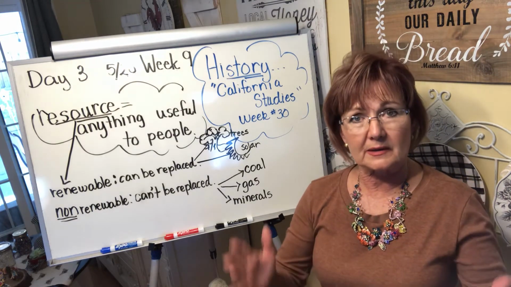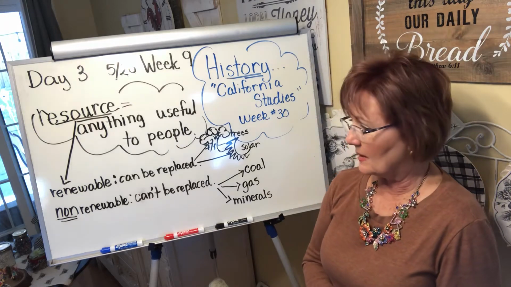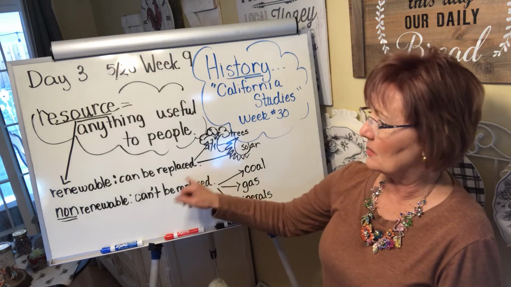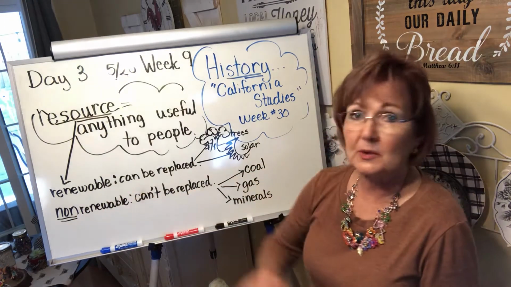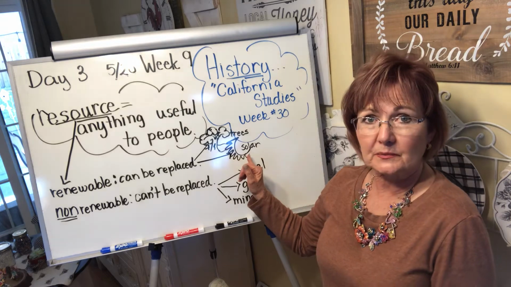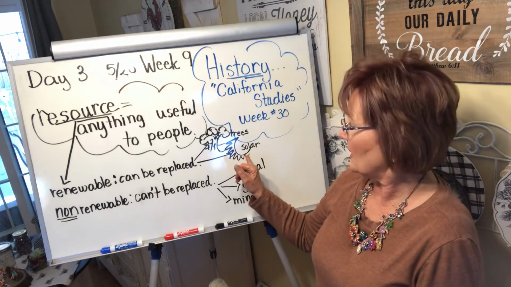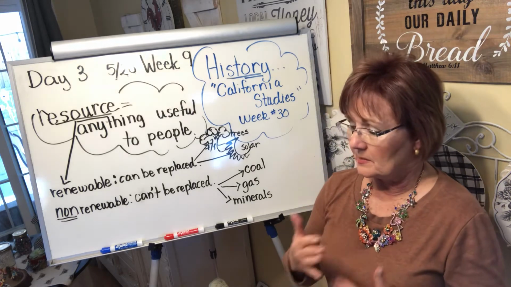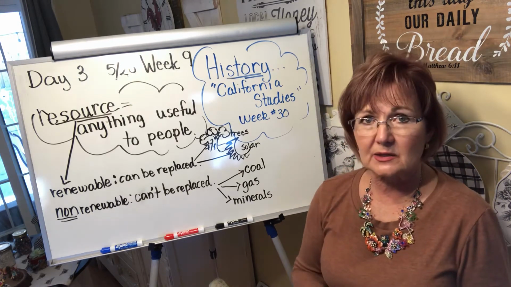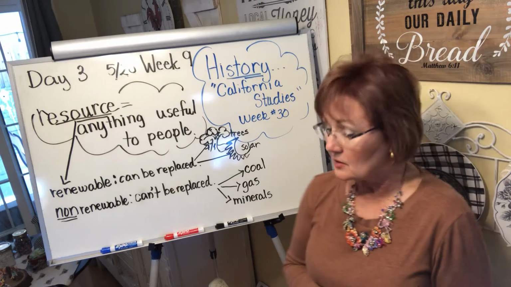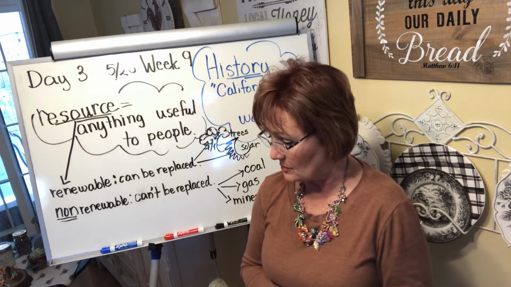But when they're gone, they're gone. When you have used them all up, they are non-renewable. They can't be replaced. So we're always looking for sources of renewable. That's why we now have so many solar panels on buildings and our houses, so many turbines out there, windmills that are constantly using the wind to bring about cleaner and renewable resources.